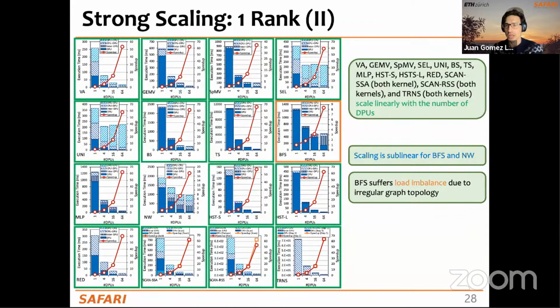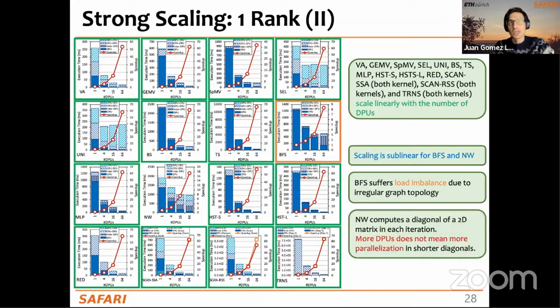What this means is that the graph is irregular because some of the vertices or nodes of the graph will have many neighbors, while others will have only a few neighbors or maybe only one. So this irregular graph topology creates a load imbalance across the tasklets and across the DPUs. That's the main reason for this sublinear scaling in BFS.